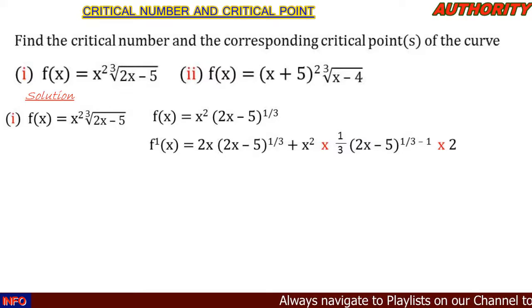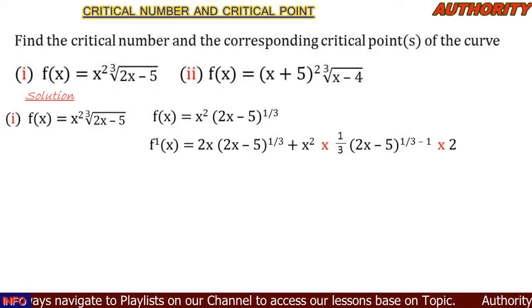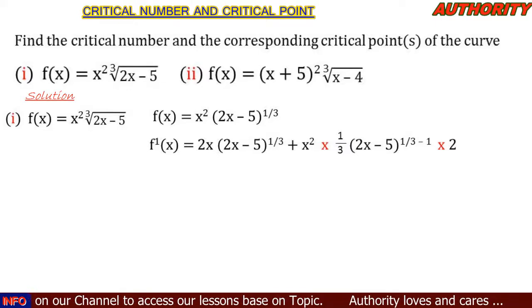You get it? So what we did is we used a product rule on this differentiation. To differentiate it properly, you make use of product rule. When you use product rule, this is what you're going to obtain.